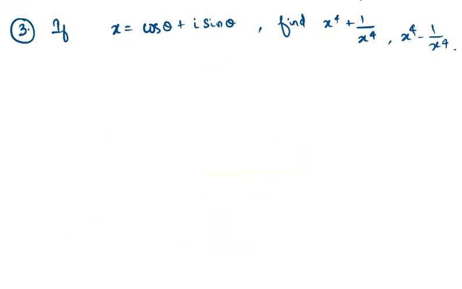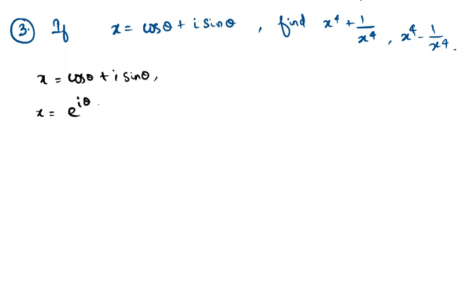In this question, we have x is equal to cos theta plus I sin theta, and we have to find x power 4 plus 1 by x power 4 and x power 4 minus 1 by x power 4. First, we have to understand the question, what is given. So we are given that x is equal to cos theta plus I sin theta, and we know that this value can be written in the form of x is equal to e power I theta.